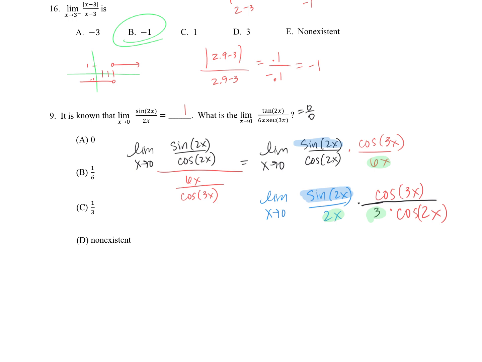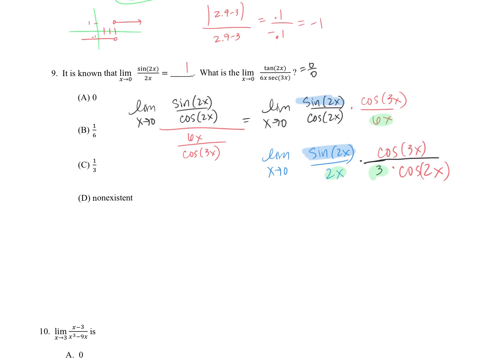That was a lot, what I just did there. Do I still have everything accounted for, though? Cosine of 3x is still up top, cosine of 2x is still on the bottom, and 6x is still on the bottom, 2x times 3. Can I now say, oh, I know what this is.